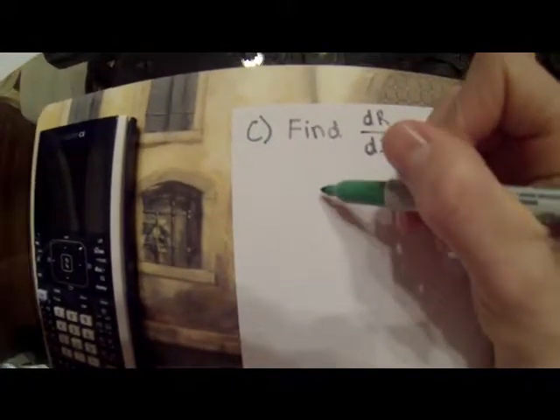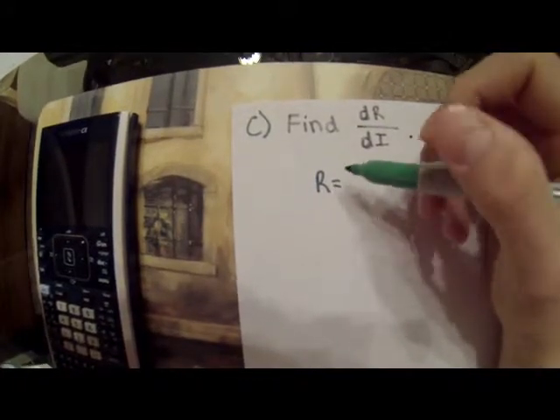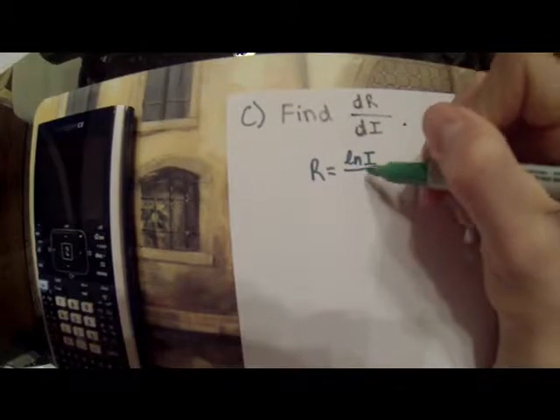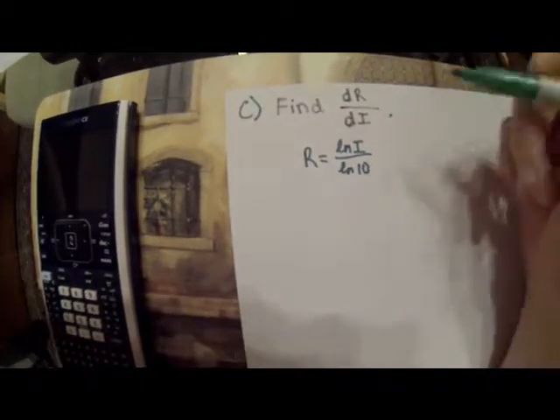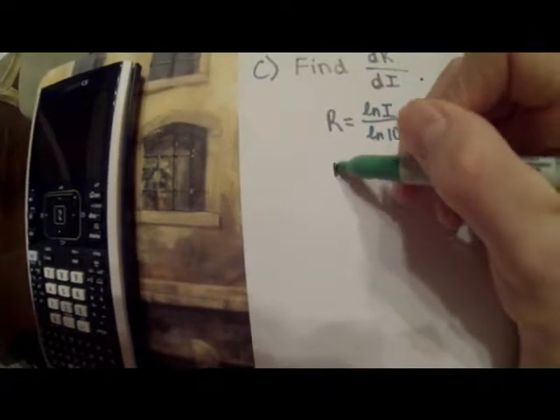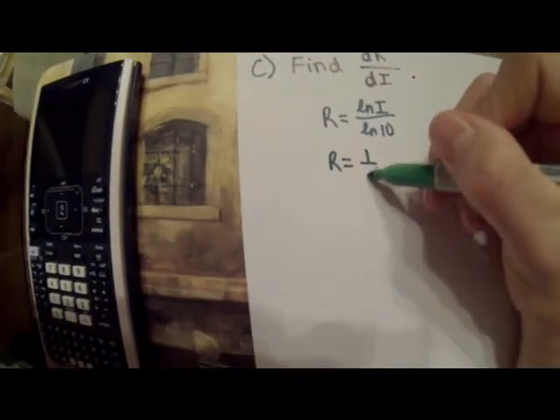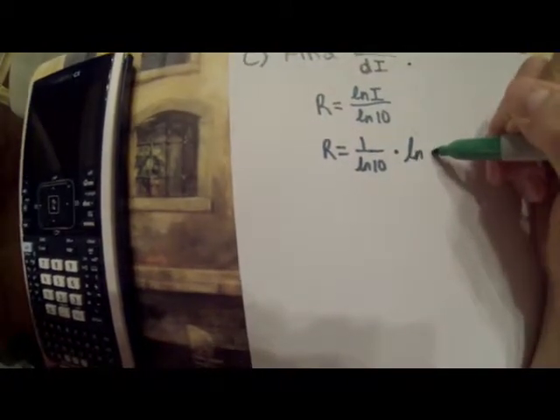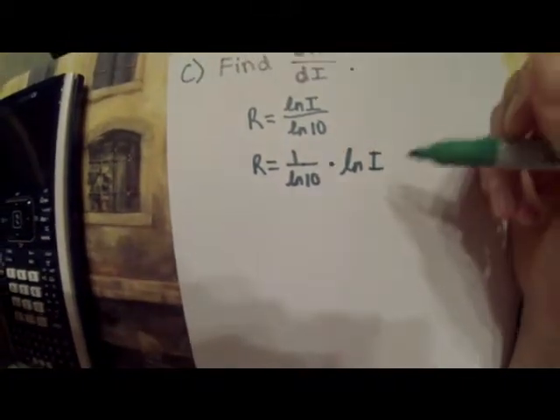Part C wants us to find dR over dI. So given our equation, R equals ln of I over ln of 10, R equals 1 over ln of 10 times ln of I, and I is our variable.